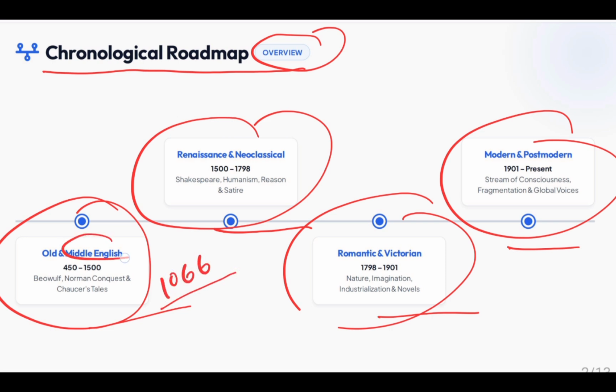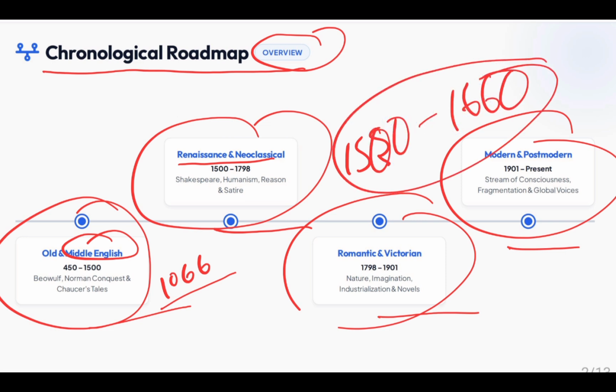Then the Middle English period, from 1066 to 1500. Then comes the Renaissance, 1500 to 1660, but in between there are subdivisions which we will study later on. Then Neoclassical, Romantic, Victorian, Modern and Postmodern.